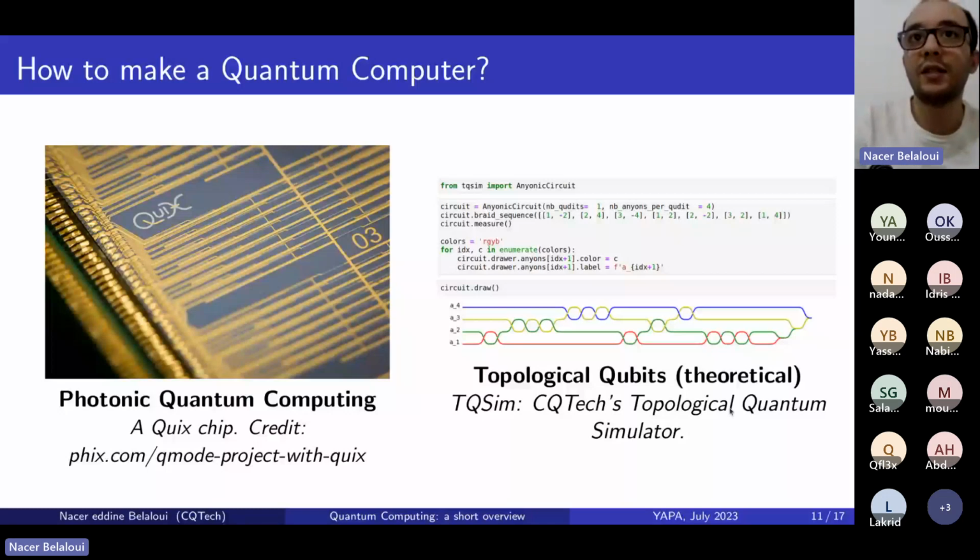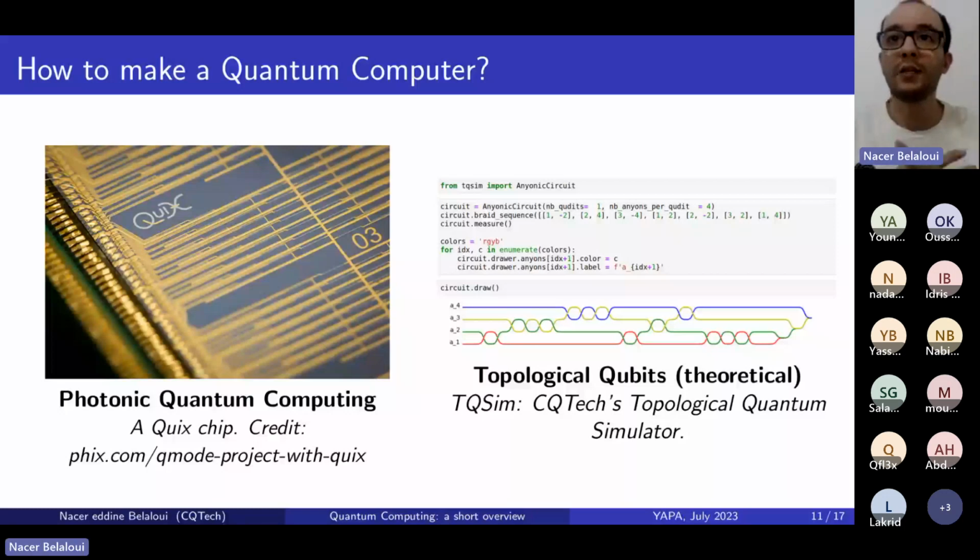What I've put here instead is a screenshot of some code and the result from a package called CQSIM, or Topological Quantum Simulator, that we have been developing at CQ Tech. We started as a research group working on topological quantum computing specifically before creating this CQ Tech group.